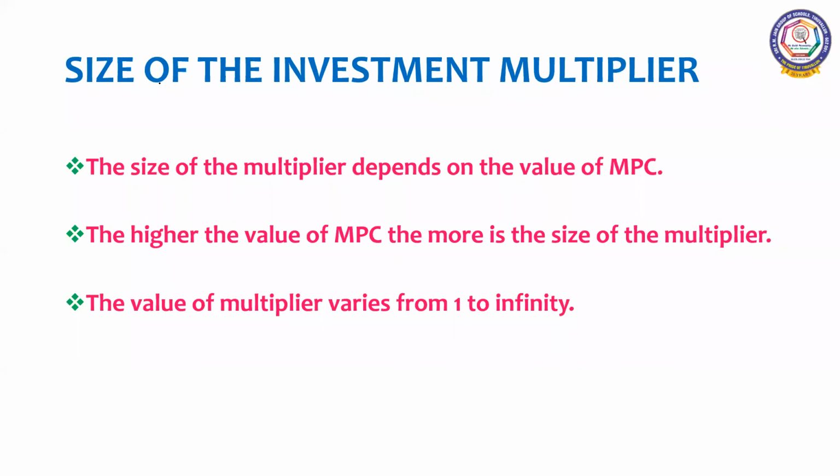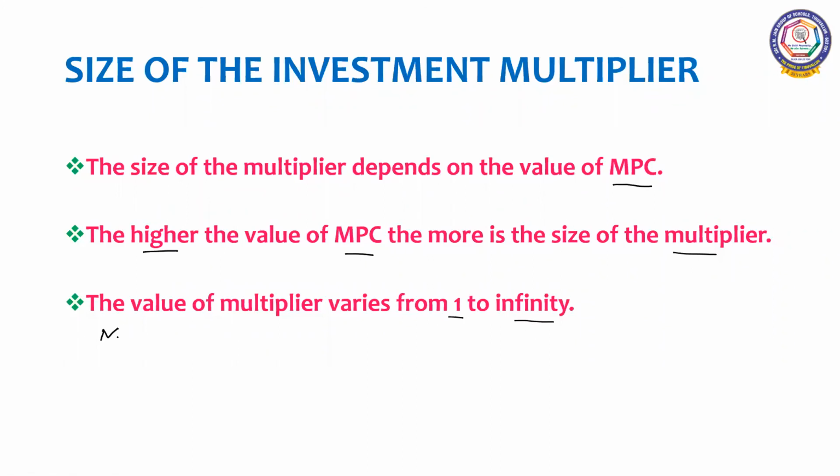Let us now know the size of the investment multiplier. The size of the investment multiplier depends on the value of MPC, the marginal propensity to consume. Higher the value of MPC, the more is the size of the multiplier. And this value of multiplier, it varies from 1 to infinity.